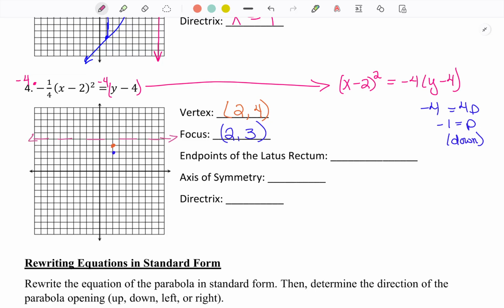Now the endpoints of our latus rectum is going to be 4 across, so 2 and 2 on each side of that focus. And so that gives us 0, 3 and 4, 3.